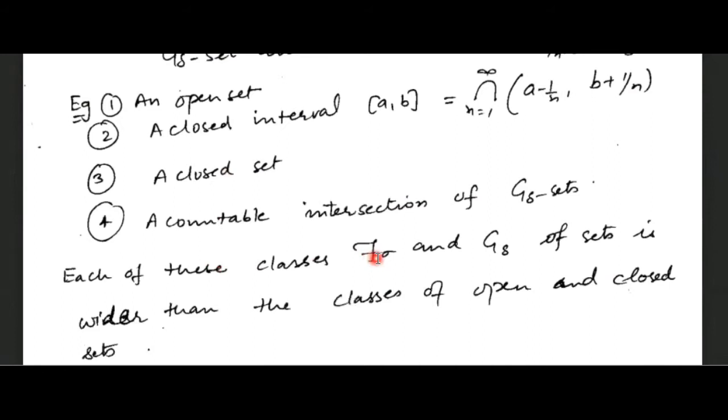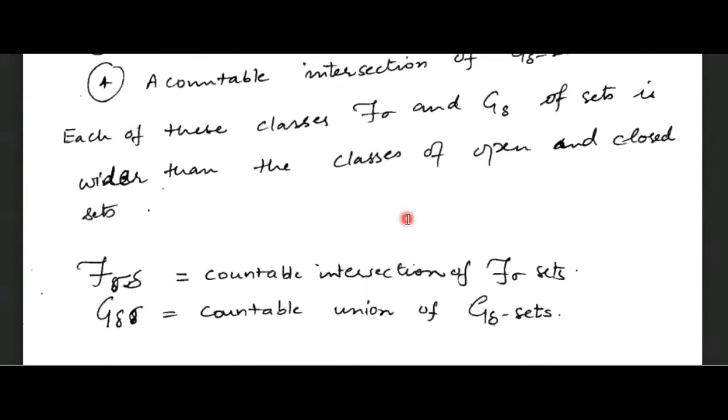Now each of these classes, F sigma and G delta, are wider than the classes of open and closed sets, because for open sets there is the condition that a countable intersection of open sets is not open, right? However, the G delta class contains all the open intervals, and it contains the closed intervals also, which can be written as a countable intersection of open sets. So these are wider classes.